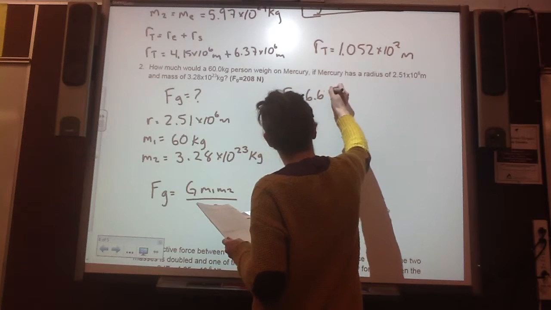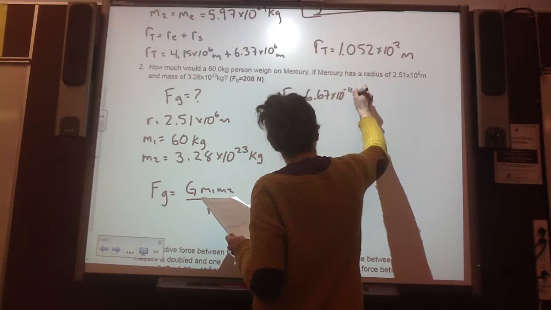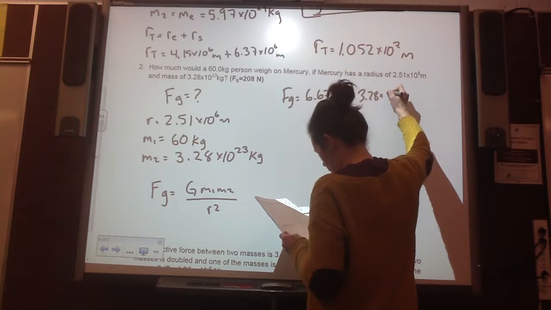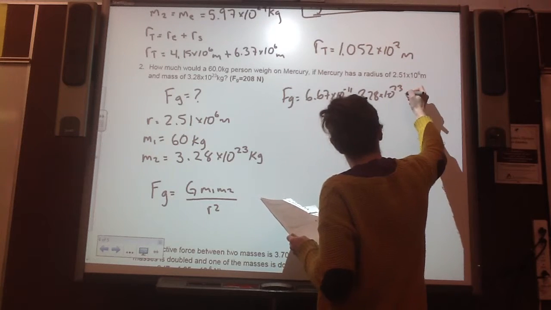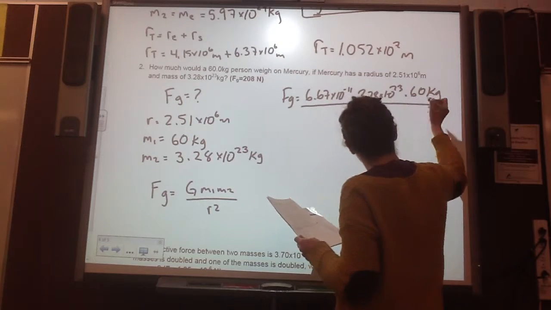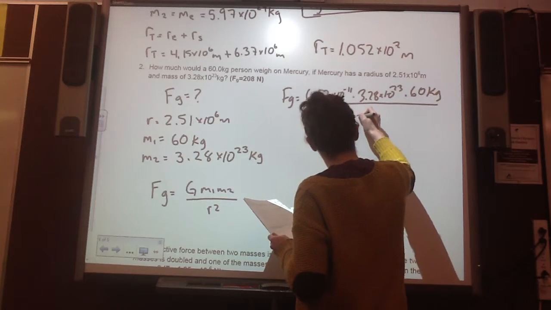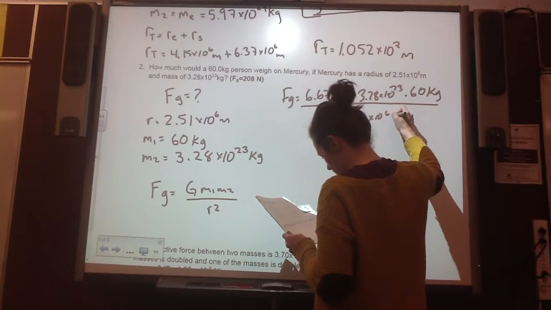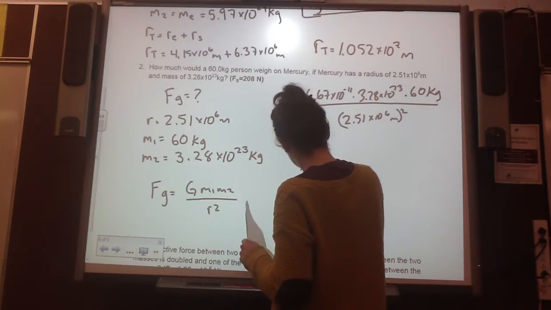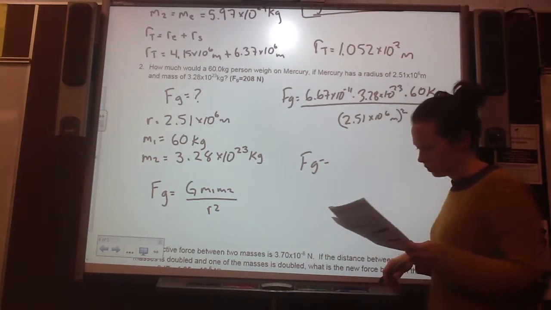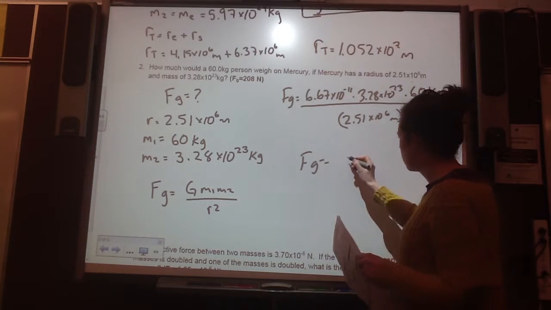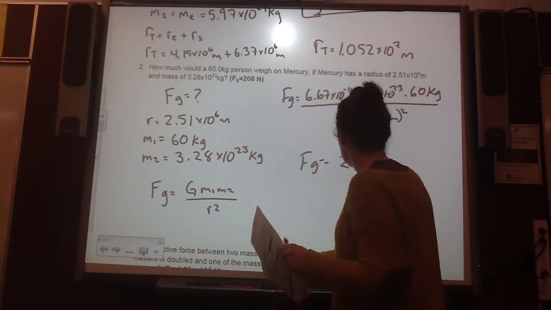So 6.67 times 10 to the negative 11 times 3.28 times 10 to the 23 times 60 kilograms, all of that divided by 2.51 times 10 to the 6 meters, and that value needs to be squared. Plug that into your calculator and you should get 208 newtons.